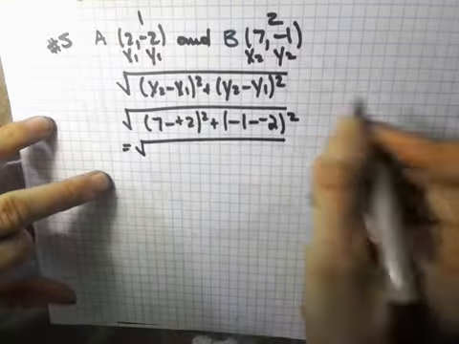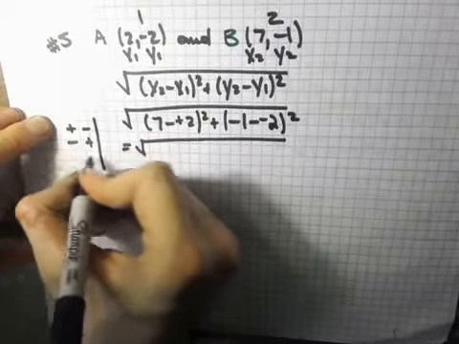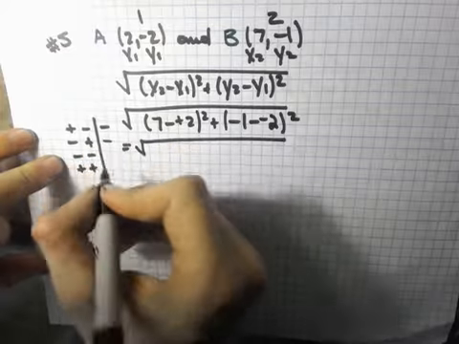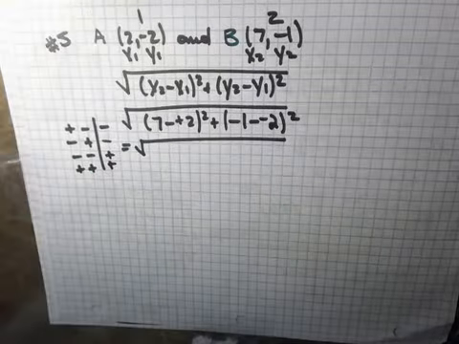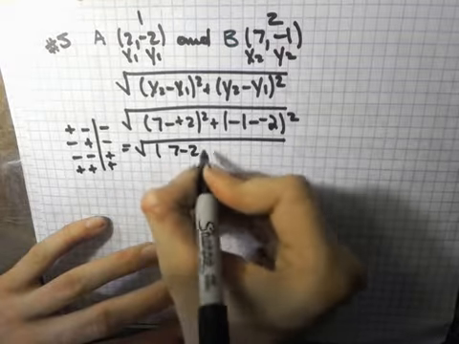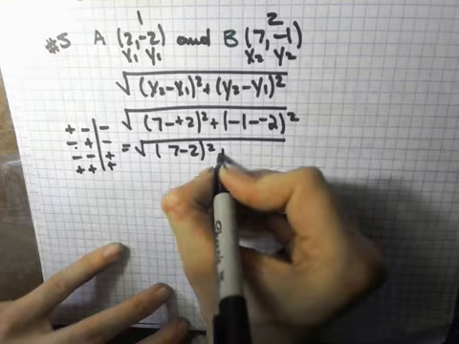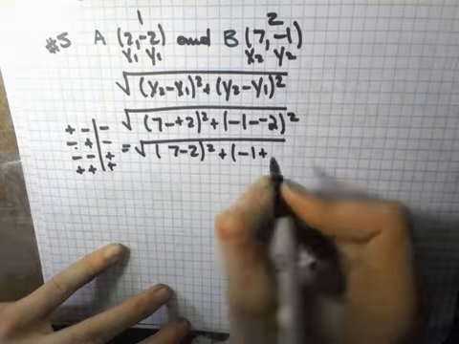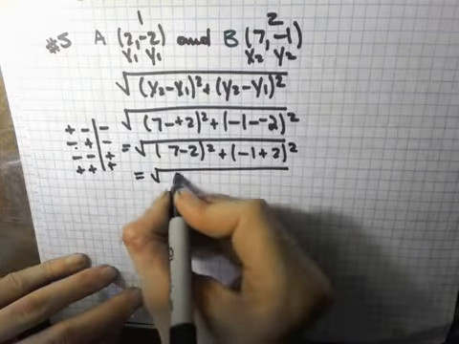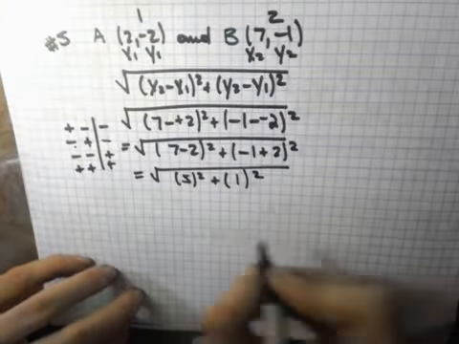Okay, so any combination of negative, positive, negative, a double sign gives us a positive. 7 minus positive 2 gives us 5 squared, plus -1 minus -2, negative, negative is positive, so 1 squared.